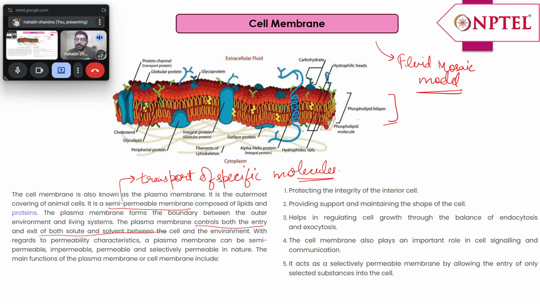The functions are: it maintains the integrity of the interior of the cell. It separates the extracellular fluid from mixing with the cytoplasm. That's how it maintains the integrity of the cell, by keeping the different organelles inside and protecting them so that the cell can function and produce different kinds of stuff so that the body can function.